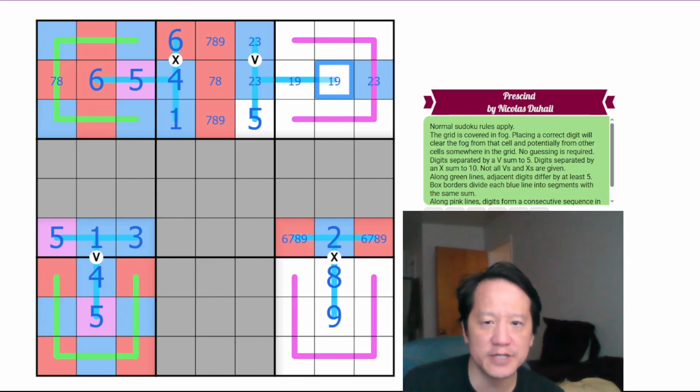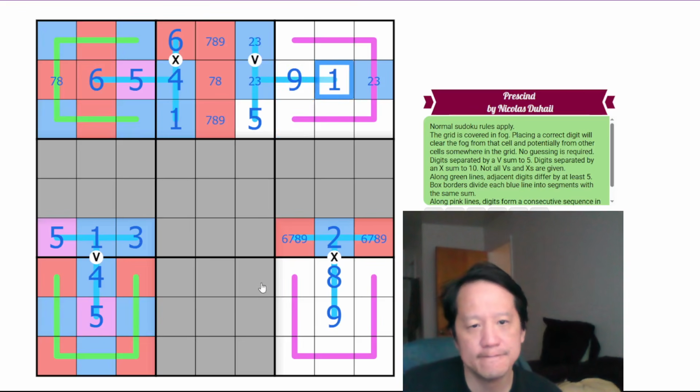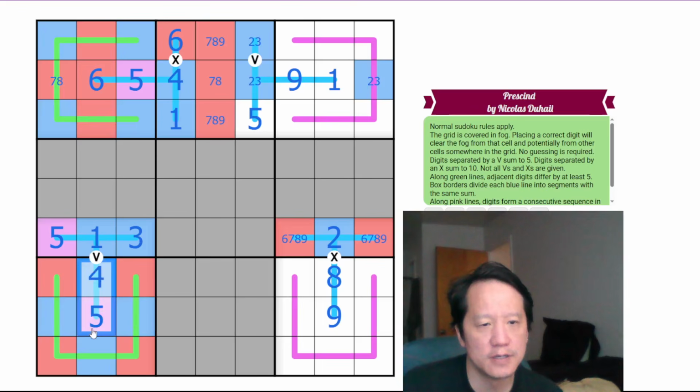So 9 eliminates 9 here, so that's 1 and 9 there. 8 cannot be either of these digits, so 8 has to be one of these two.